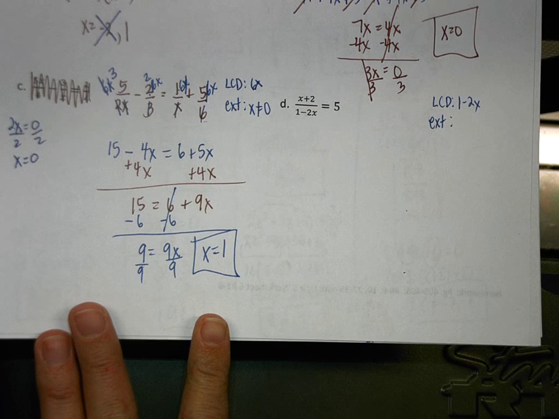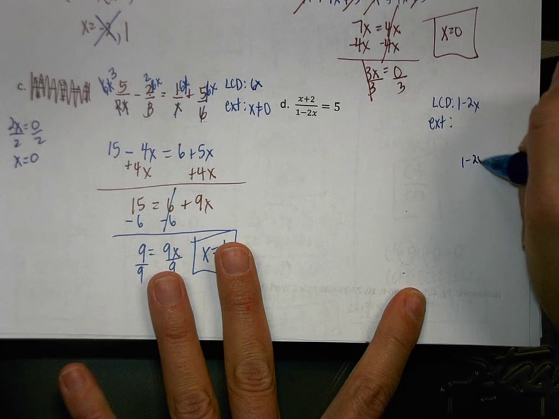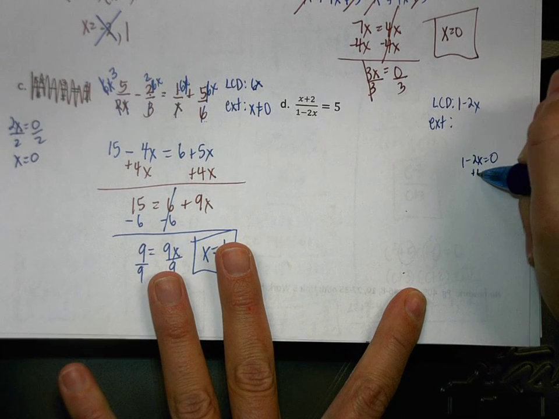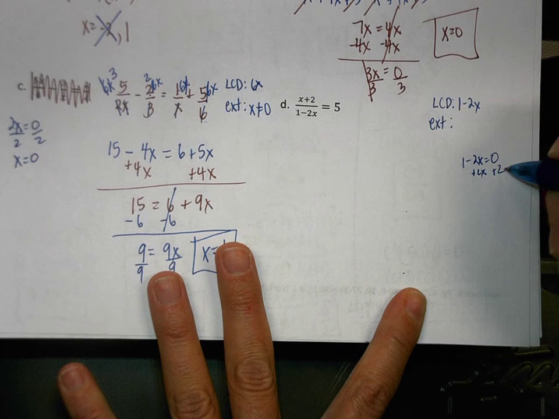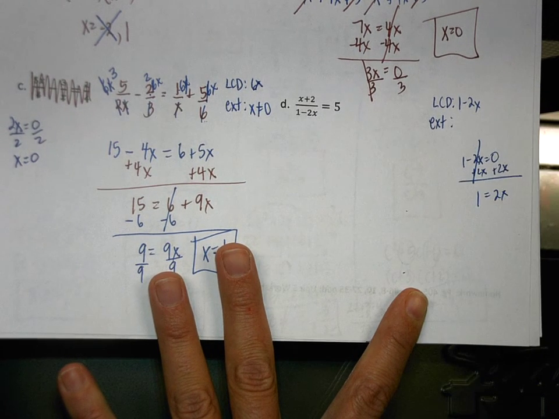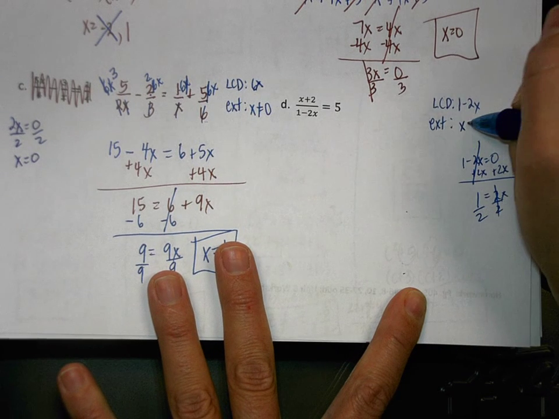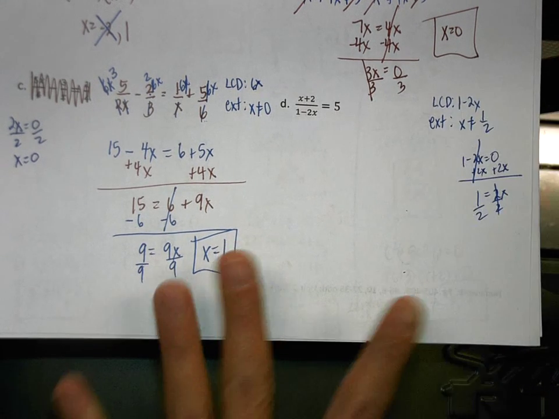Just set it equal to 0. 1 minus 2x equals 0, and solve it. Close. Should be positive 1/2. So we get 1 equals 2x, right, when we're moving, and then we divide by 2.